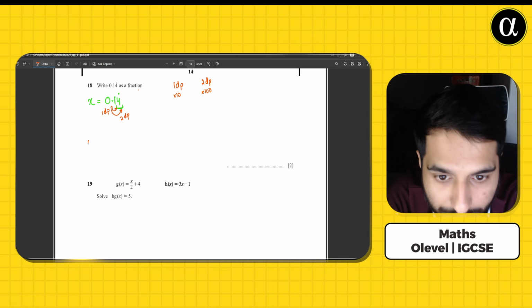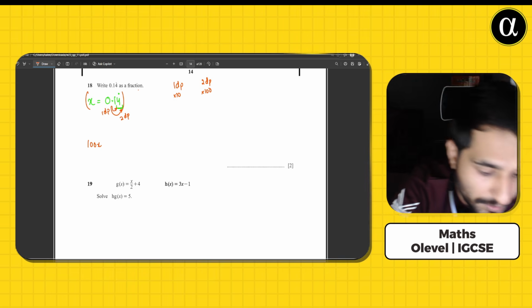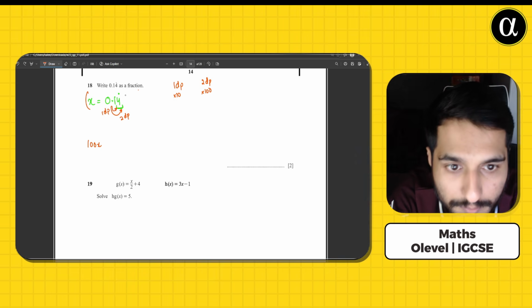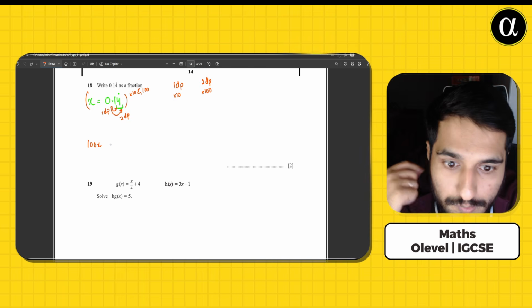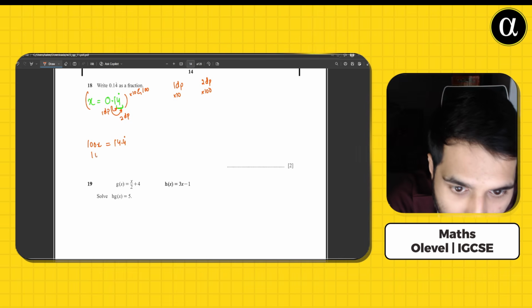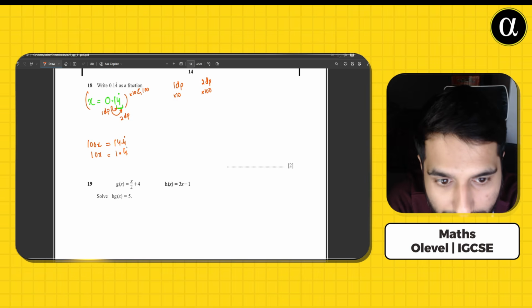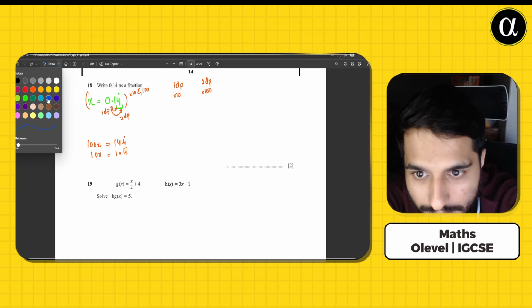So when you multiply it with 100, 100x is equal to, now since 4 is recurring, 14.4, and if we multiply it with 10, it's going to be 10x is equal to 1.4, where 4 is recurring. Now we need to subtract the two equations. When we do that, this is how it's going to look.